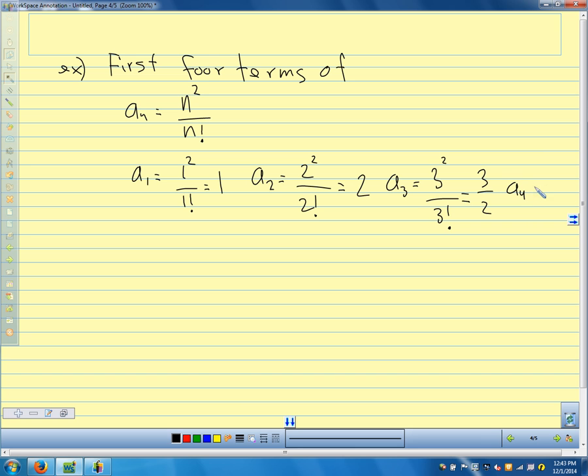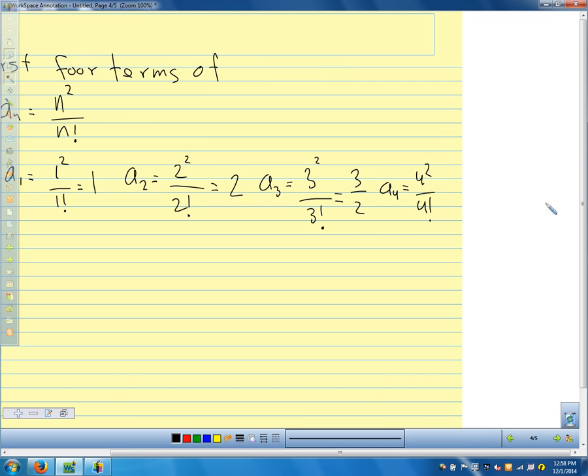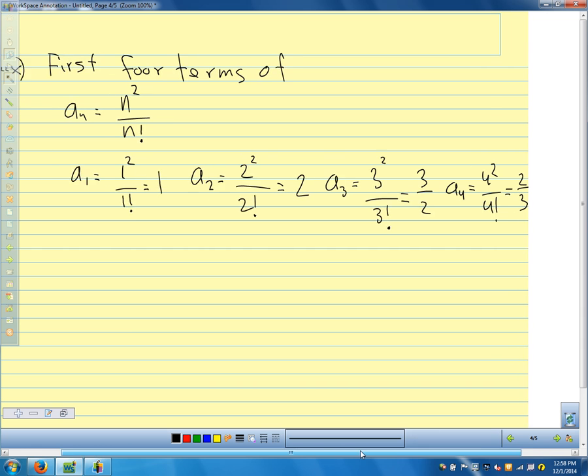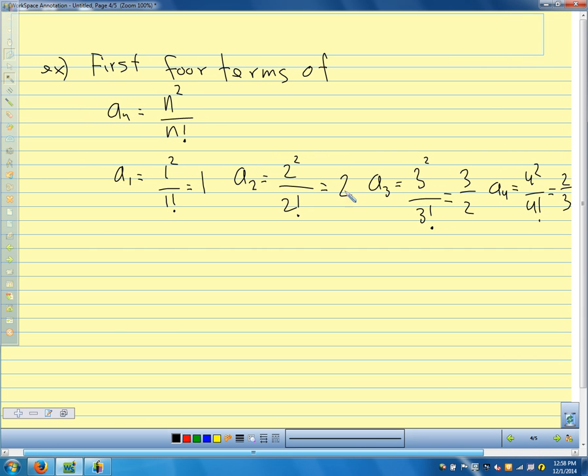And a sub 4 is 4 squared over 4 factorial, so we get 16 over 24, which reduces to 2/3. So that would be the first 4 terms of that sequence.